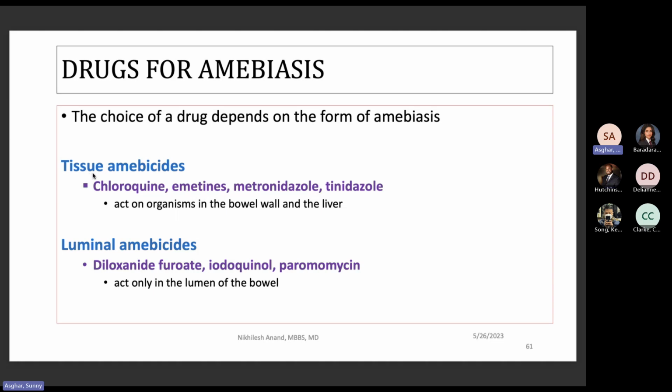You have your tissue amoebicides and then your luminal amoebicides. You will learn how to treat them and how to use supportive care as well as treatment to help lower or get rid of the infection.